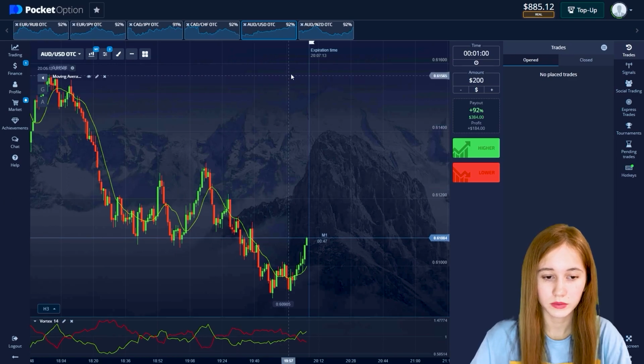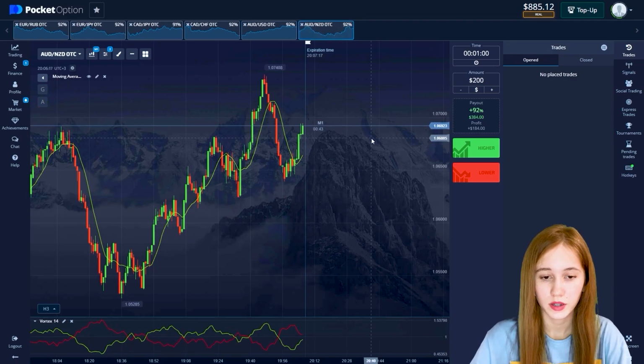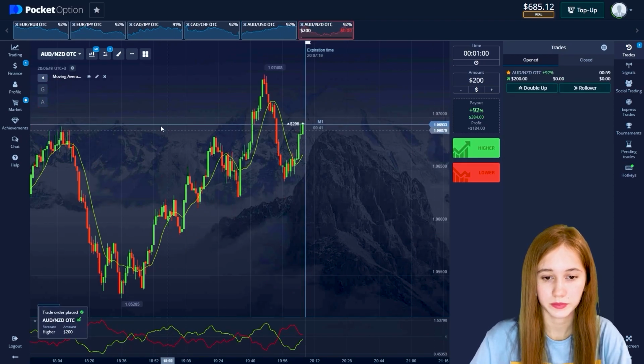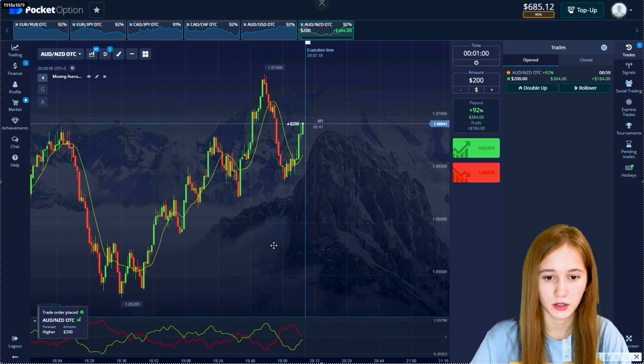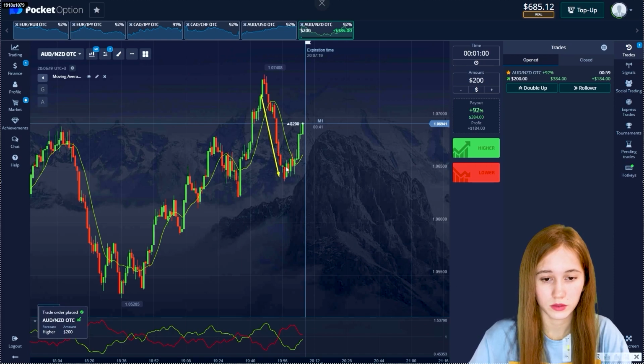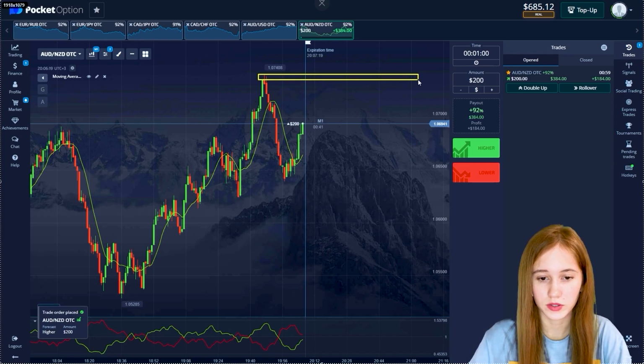Here we are, open up, and we start our technical analysis. What we see here, we see it was drawdown and quite large growth. Upper is resistance area, below support area.